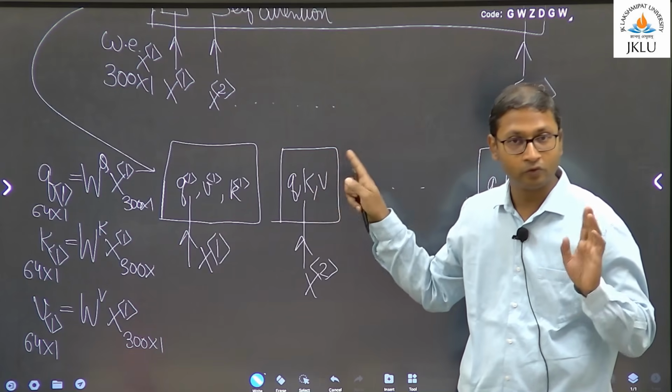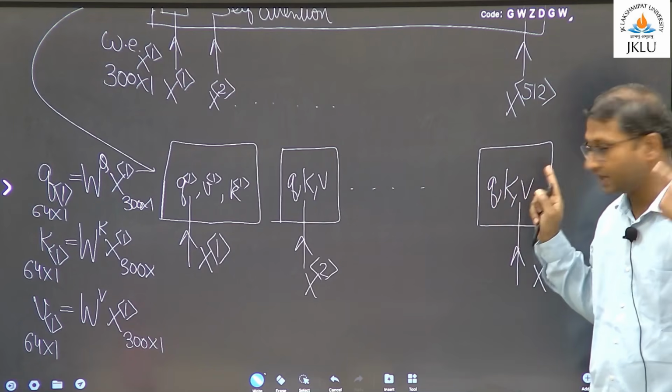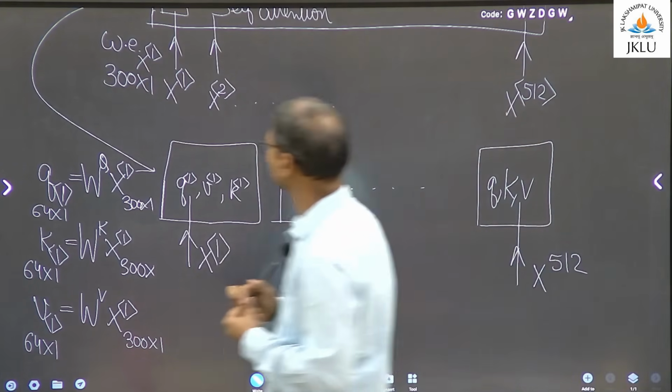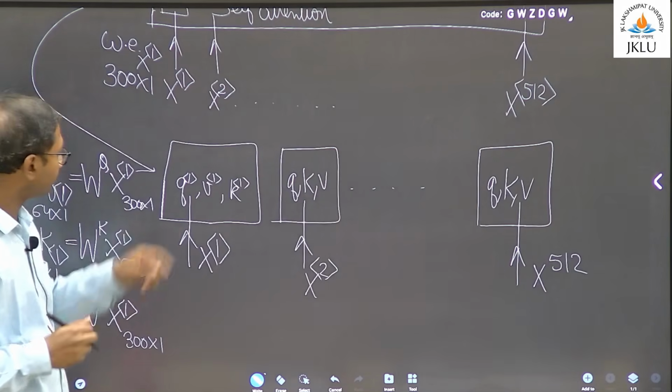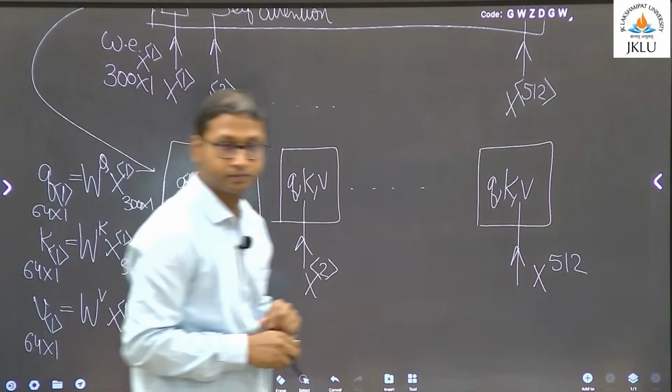Q2, K2, V2. Q 512, K 512, V 512. Okay. What will be the output of this that I feed to my neural network there?